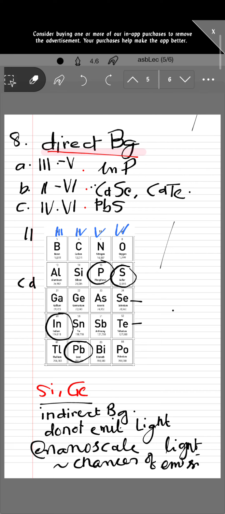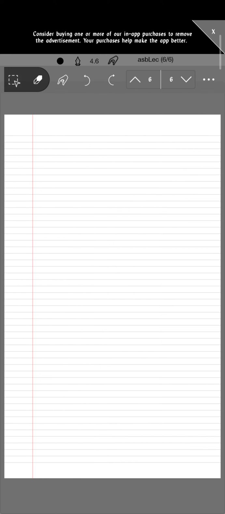Now, looking into the properties of quantum dots. Quantum dots have the property of high quantum yield that we have discussed, and you can also tune the wavelength by changing the size.